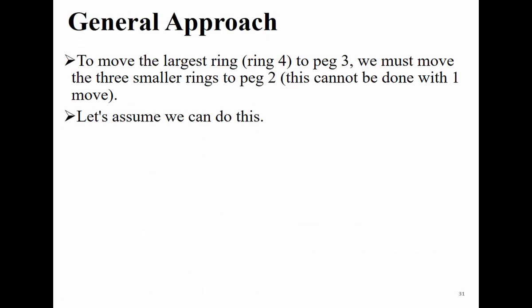The general approach: let's assume we can do this. We can move the largest ring, number 4, from peg 1 to peg 3. But before we do that, all the smaller rings, we need to move them to peg 2.